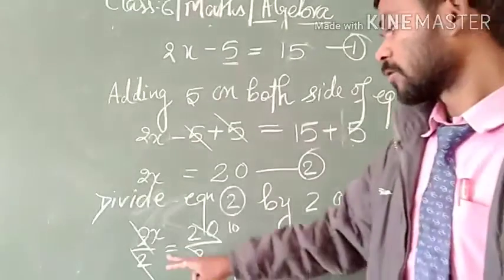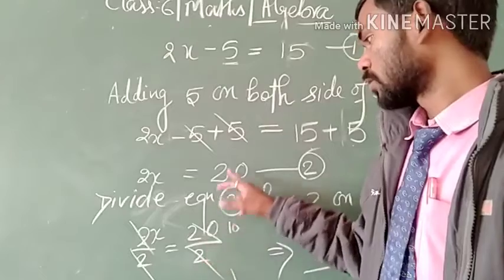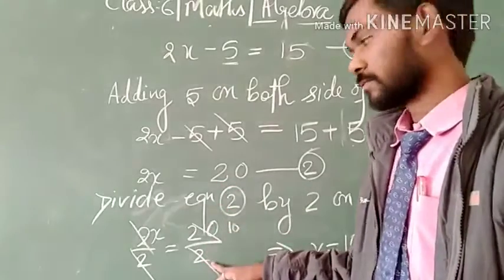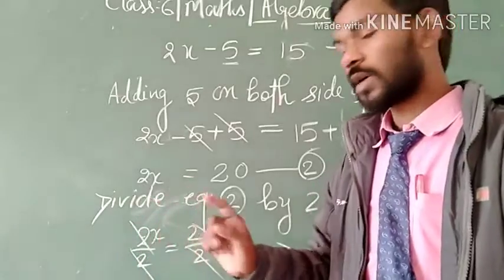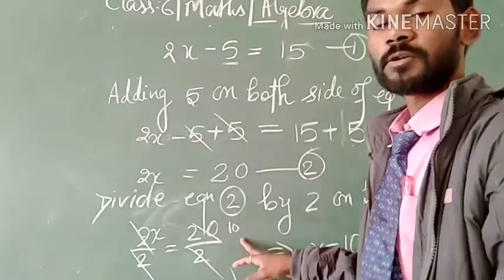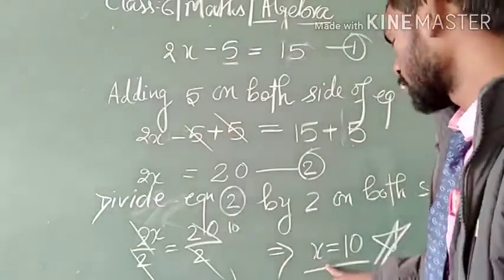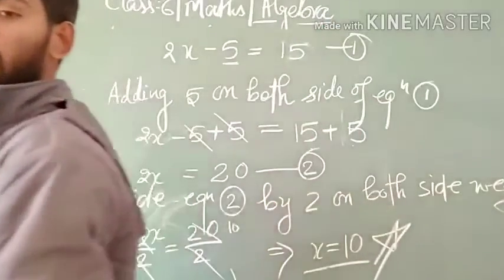We get 2x upon 2 is equal to 20 upon 2. Here 2 and 2 divided give 1, and 20 divided by 2 gives 10. And hence we get the solution as x is equal to 10.